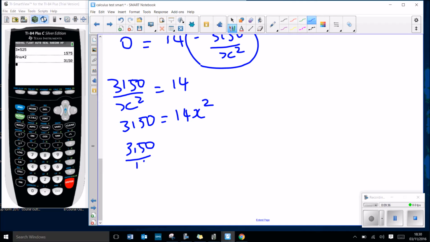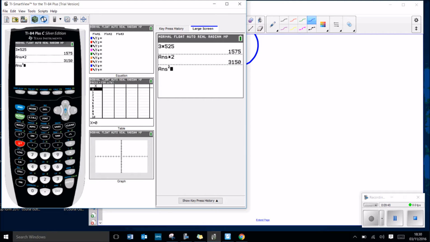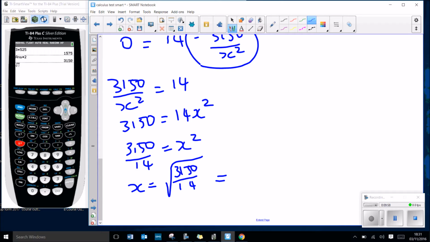Bring my 14 underneath, and obviously now square root. So we are finding the square root of 3150 over 14.